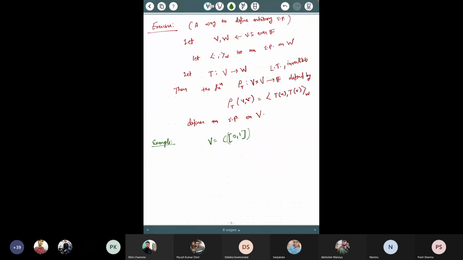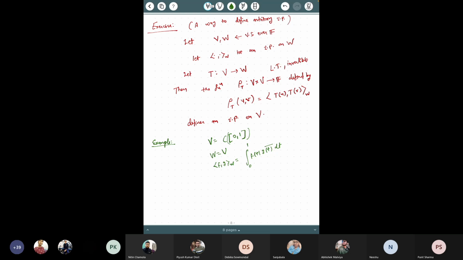I need to choose W. W I can take as V itself. If I want to use this result, then I need an inner product on W. I already know one inner product on this space, so I can take this inner product on W.